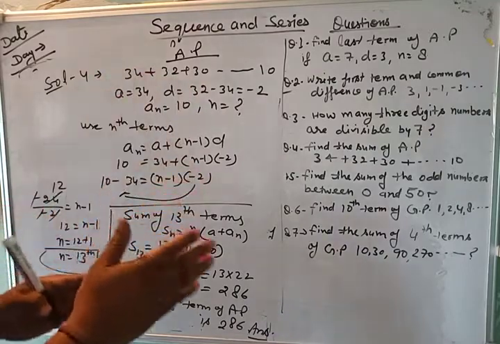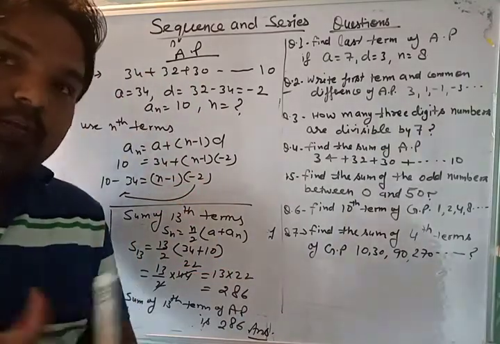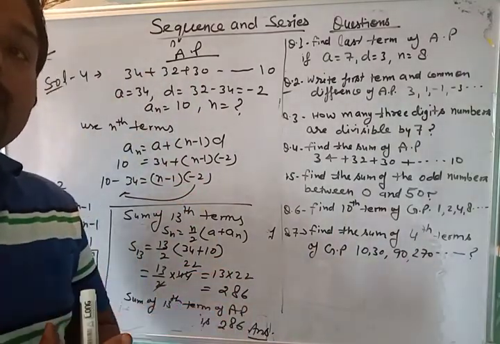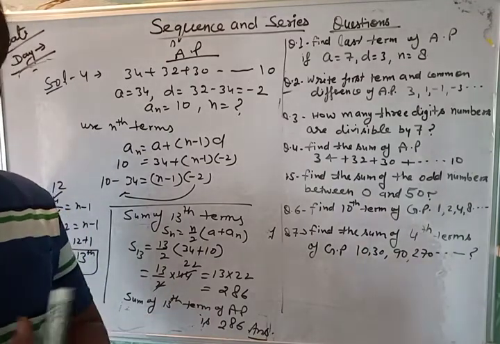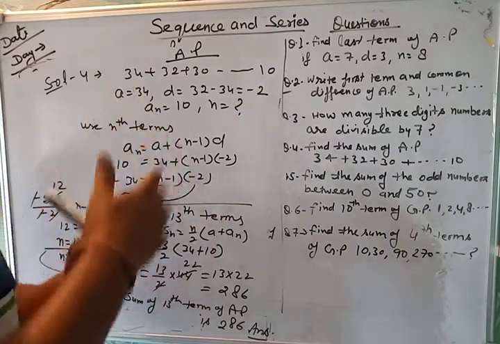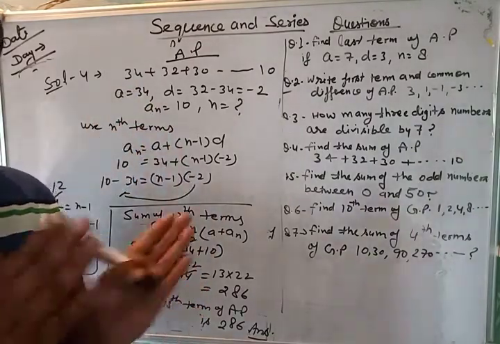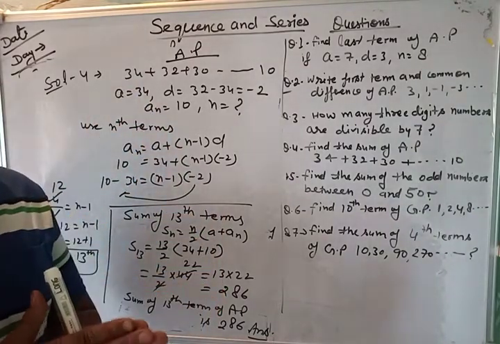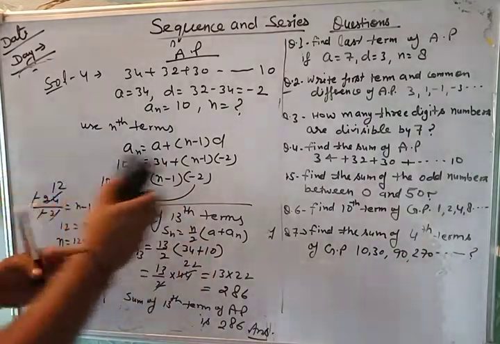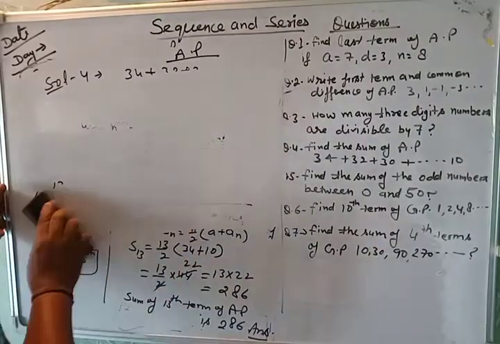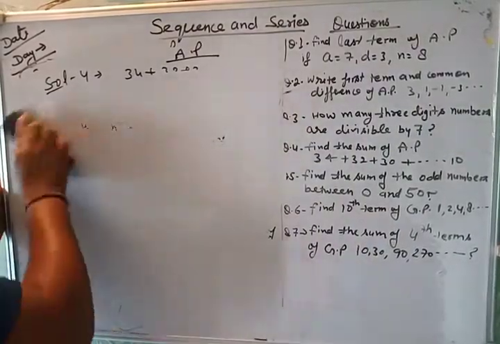Firstly, because in this question we did not know the number of terms, and without knowing the nth term we can't solve the sum. We cannot find the sum of the nth terms. Now again the next question we will do.